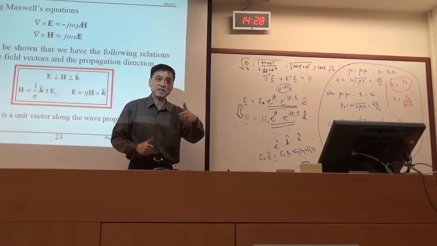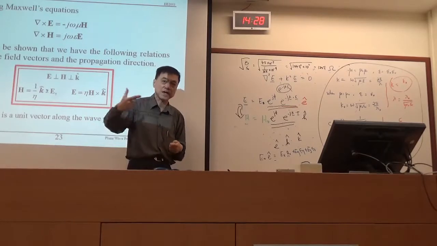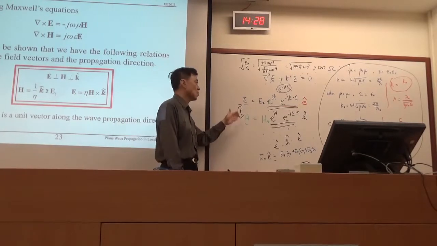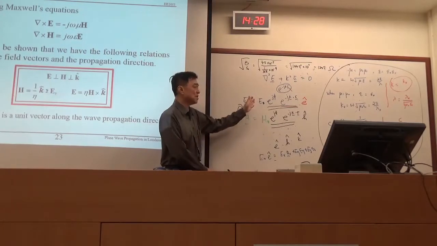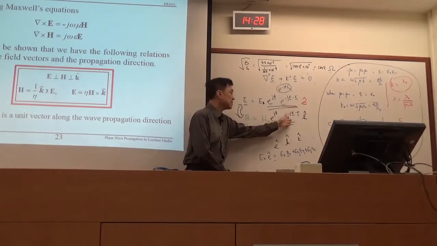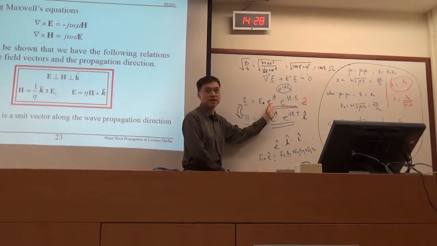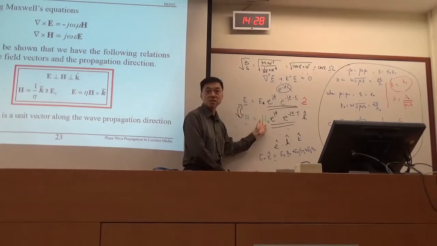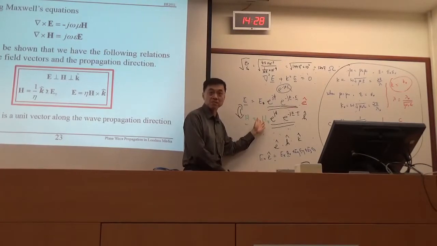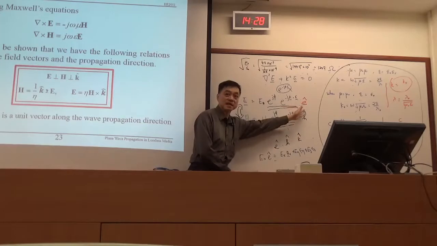If given E to find H or given H to find E, how should you do it? First thing, you should recognize that E and H have the same propagation term, same phase and propagation. Of course, different magnitude. E and H cannot have the same magnitude, and they cannot have the same vector.